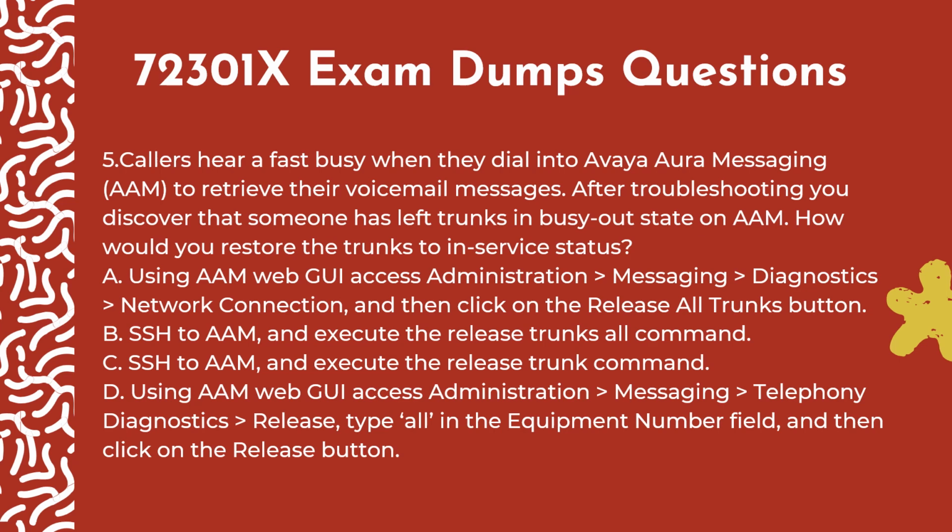B. SSH to AAM, and execute the Release Trunks All command. C. SSH to AAM, and execute the Release Trunk command. D. Using AAM Web GUI, access Administration, Messaging, Telephony Diagnostics, Release, type All in the Equipment Number field, and then click on the Release button.